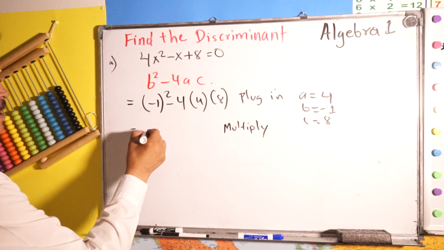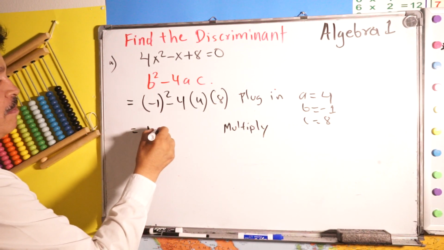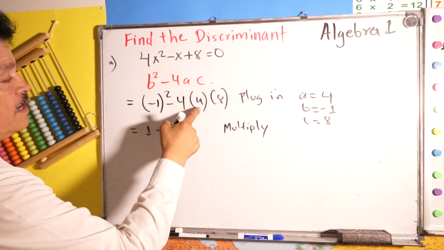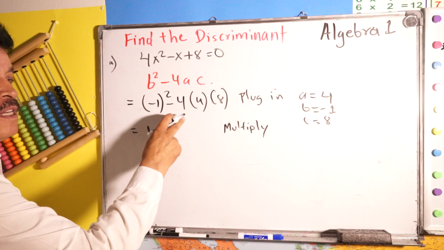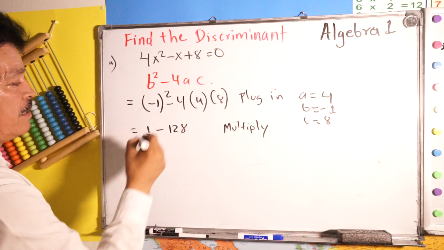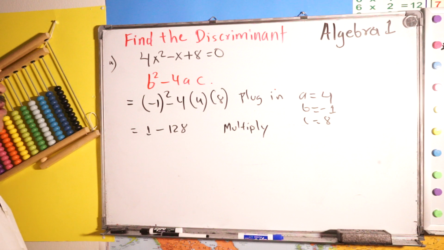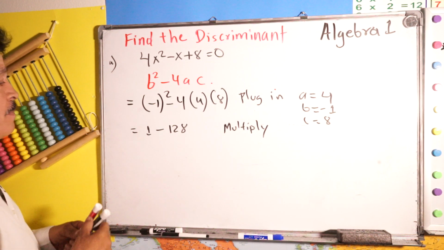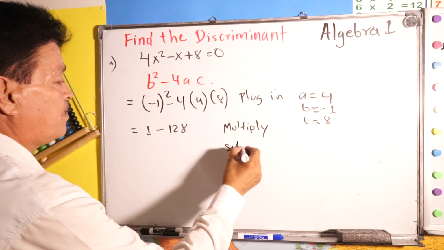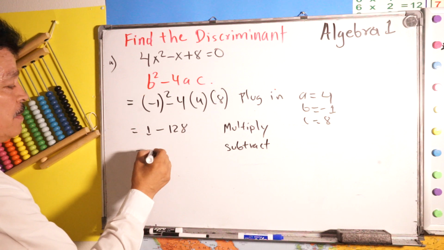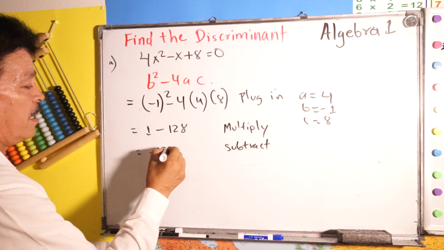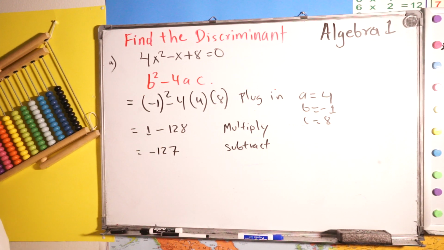We are going to have here 1 minus 4 times 8, 32 times negative 4 is 128. All right. So now subtract here. You subtract, you're going to have negative 127.